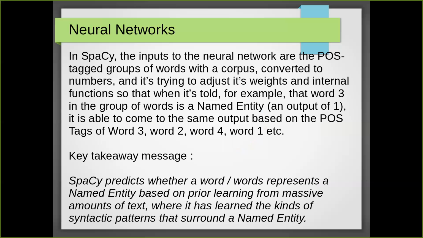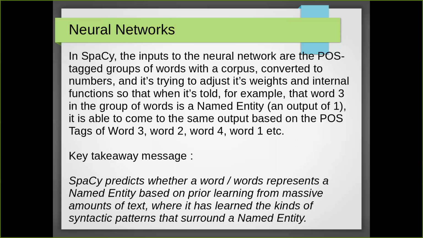And essentially what SpaCy's doing underneath is predicting whether a particular word or set of words is a named entity. And it does that based on the words that it's seeing, but also the words before that word and the words after that word at various different distances, and using that information to say, I think I've learned when I see this kind of pattern that it's usually a named entity.